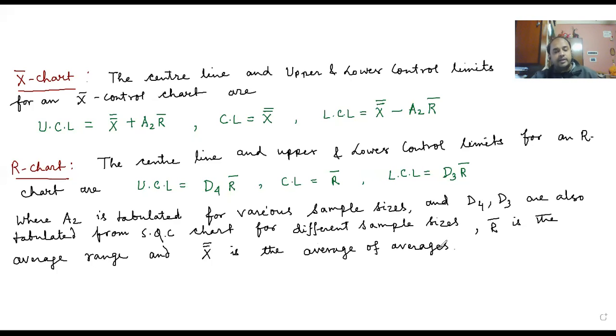So these are the two results which are very important in statistical quality control. First of all, we are going to apply these two results in the problems. So if you have completed writing this in your copy, you can write in the chat box, and then I'm going to go to the next page to show you the problem.